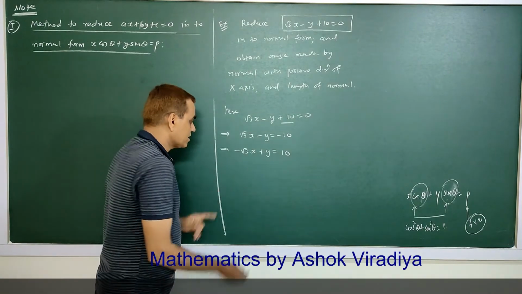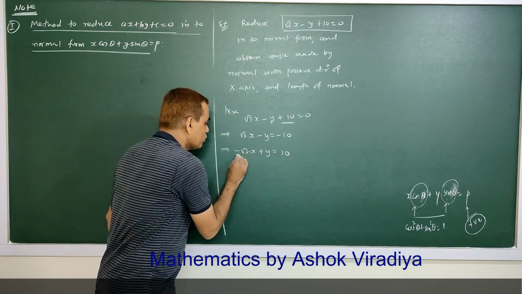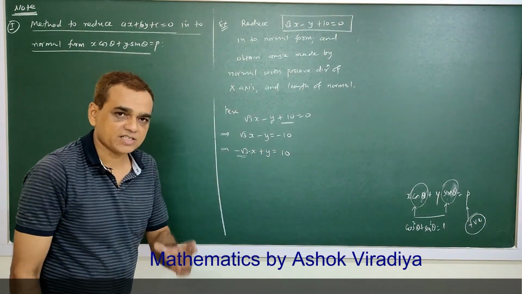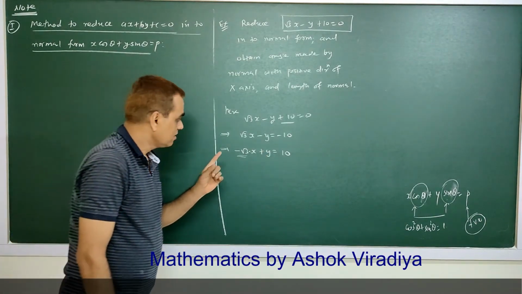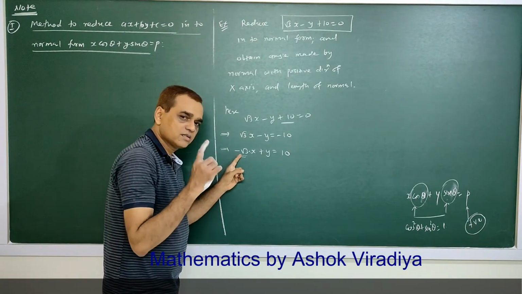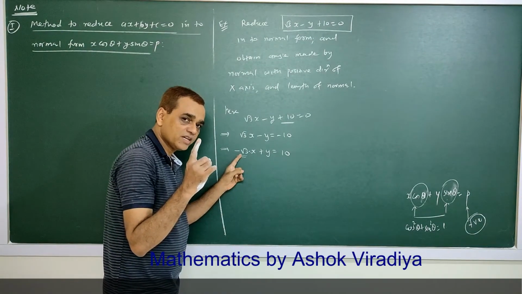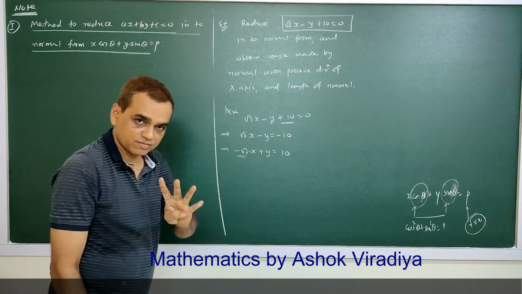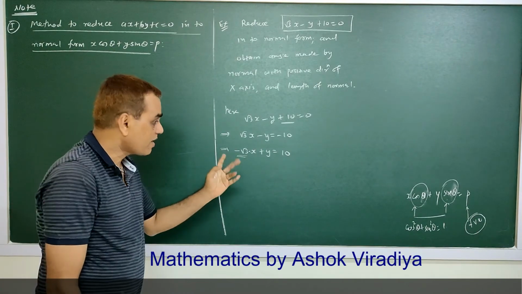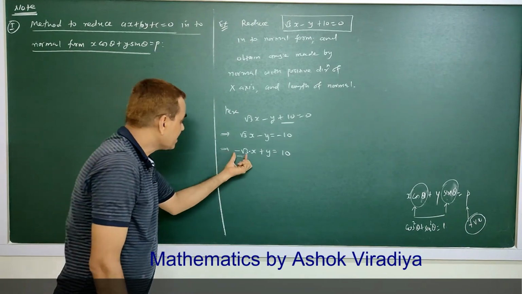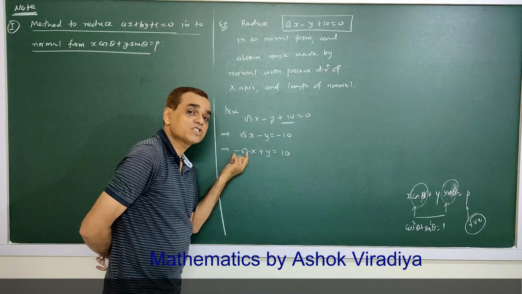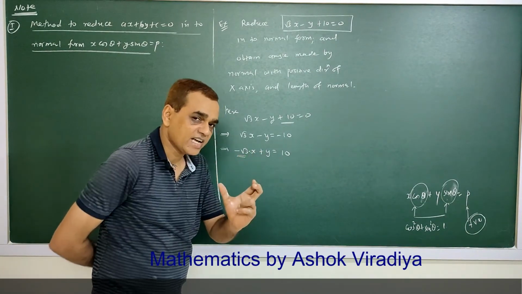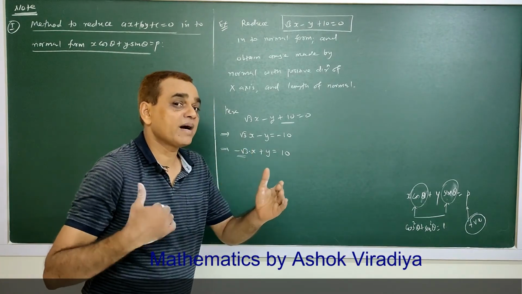So in this equation, the first work is to get the right side positive. Now check these numbers. The coefficient of x is minus root 3, the coefficient of y is 1. Check their sum of squares. The square of minus root 3 is 3, the square of 1 is 1, and their sum is 4. So the sum of squares is not 1. So minus root 3 cannot be taken as cos theta, and 1 cannot be taken as sin theta, because cosine and sine always have values between minus 1 and 1.